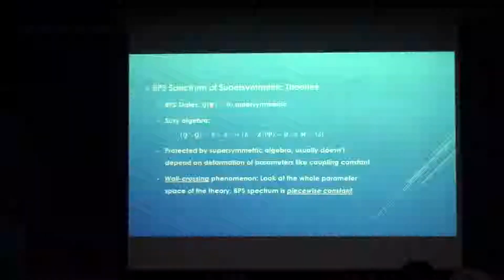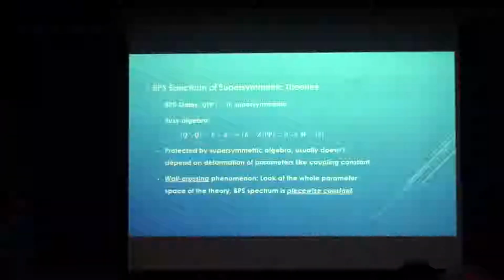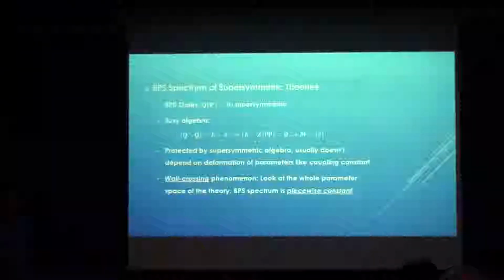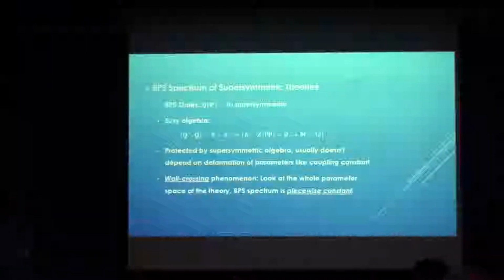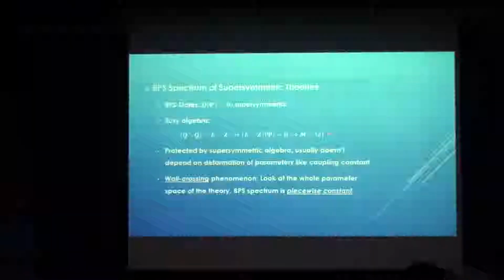Since these states are supersymmetric, from the superalgebra we know the mass of the states is completely determined by the central charge. The mass of these states is protected by the supersymmetric algebra. So no matter how you tune the parameters of your theory, as long as it still has the same charge, the mass of the states doesn't change too much.